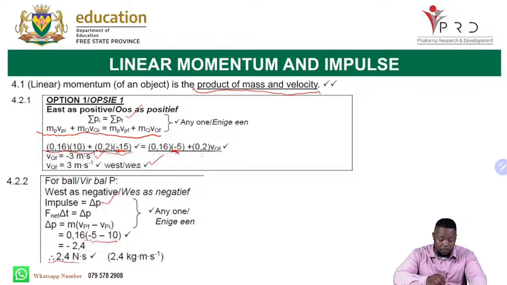And then our impulse here is 2.4 newton second. We need to remember how we chose direction, and therefore this is also supposed to be west. So that was the impulse, and that is basically what you need to go and revise when it comes to impulse.